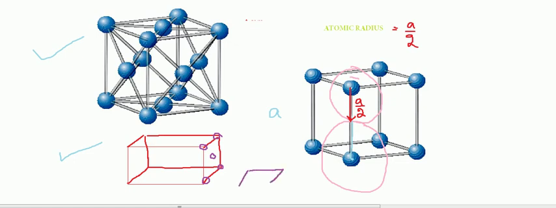Okay, and then let me tell you what is happening. You see, this atom at the center is actually a big one, and the atom at the corner is also a big atom. Now if you join this center to that center, you get the distance between the two nearest neighboring atoms, and half of this distance is the atomic radius.